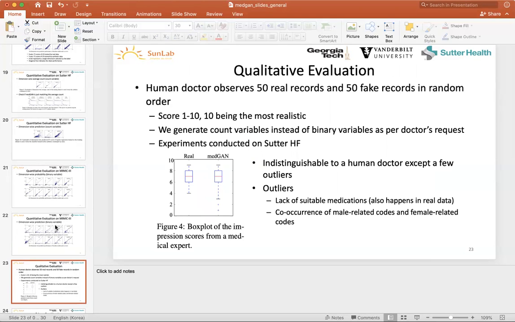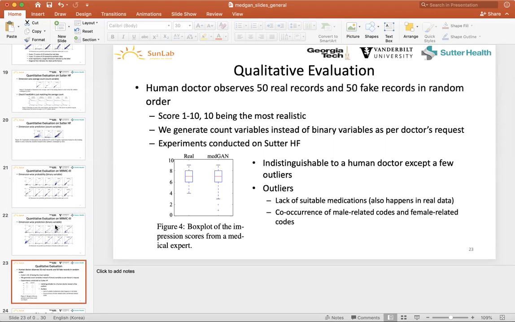But now we're talking about qualitative evaluation, because as I said, those two evaluation strategies are just a proxy for evaluating how real the synthetic ones are, because there's no way to perfectly tell how real the synthetic data are.